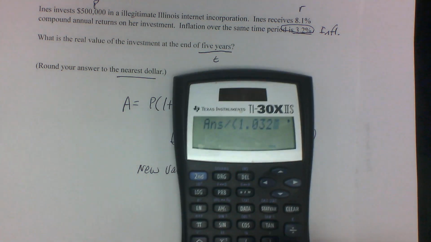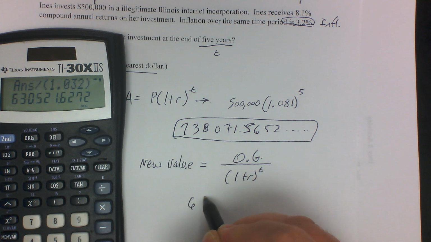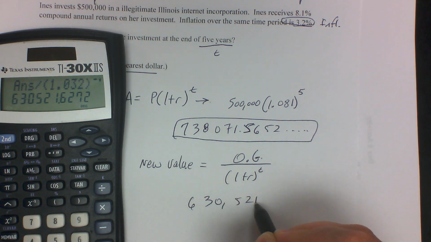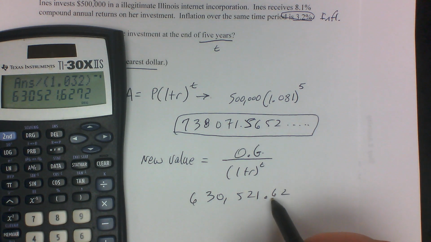The inflation rate was 3.2%, so 1.032, raised to the power of 5. So that's 630,521.62. Now it says to round to the nearest dollar.